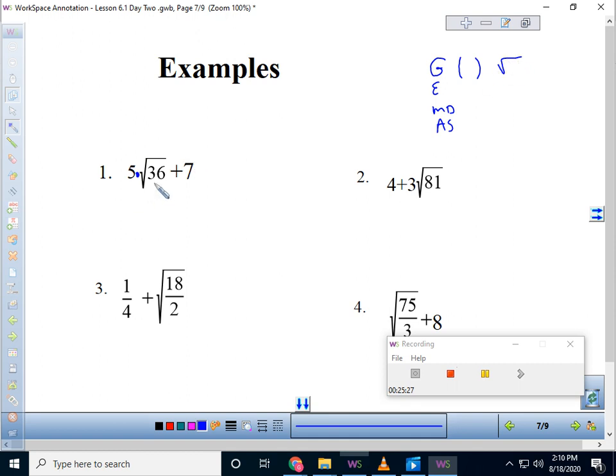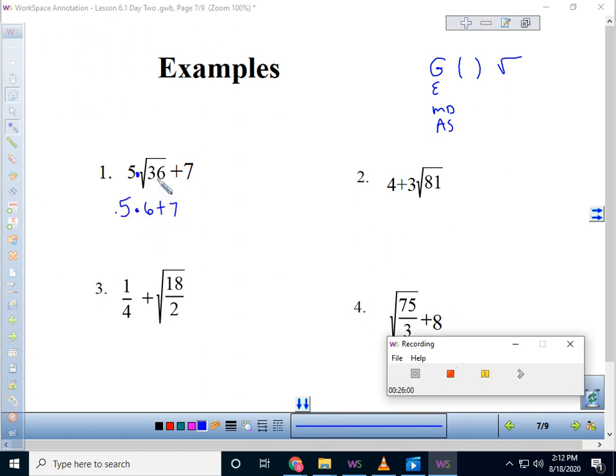So what is the square root of 36? Well, the square root of 36 is 6. So now I'm going to rewrite this as 5 times 6 plus 7.